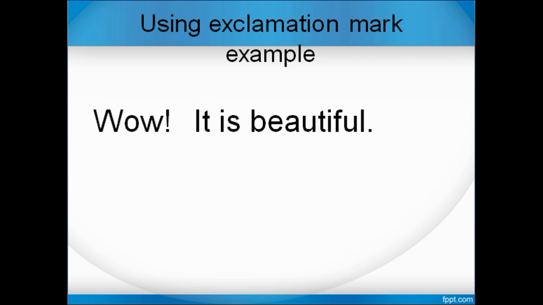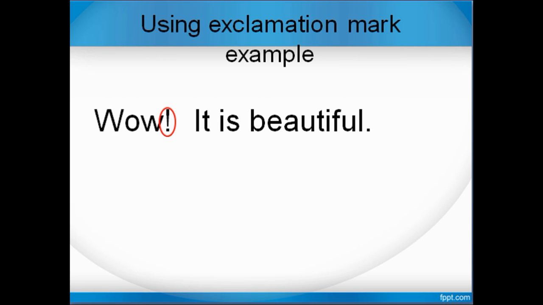We have the sentence here, "Wow! It is beautiful." And you notice that there's an exclamation mark behind the word wow. This is so because the person who is saying this is probably excited or expressing some strong emotion about whatever they're seeing, and saying that it is beautiful.